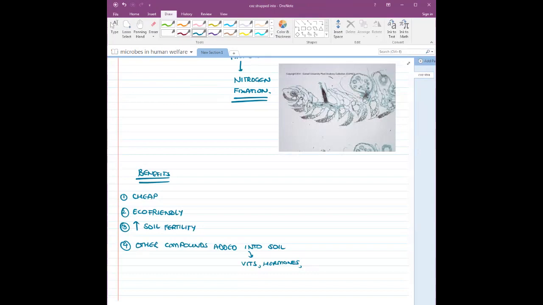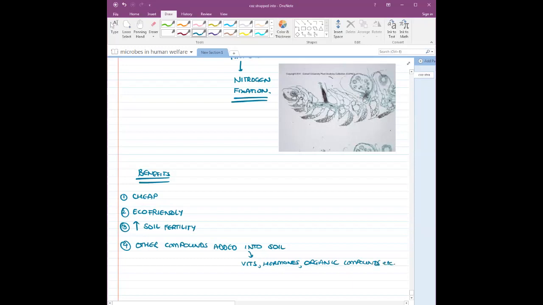Or these bacteria show association with your leaves and all, so they become your endophytes, and then they start giving off all these compounds. This is going to help the plants to grow much quicker, or they are going to produce some organic acids or organic compounds, whatever the plant is actually going to require.